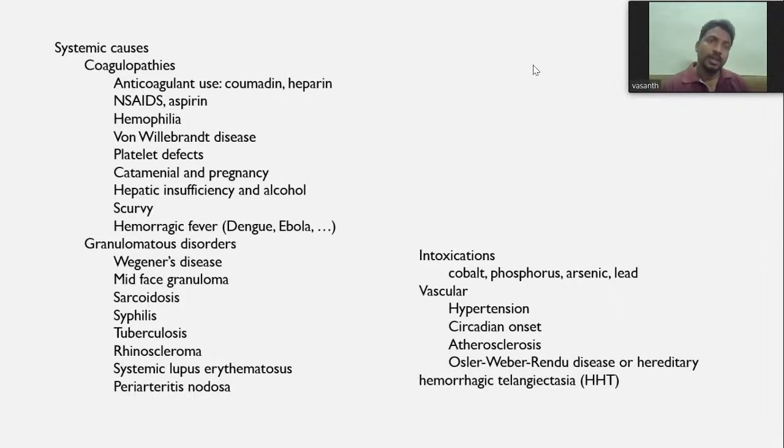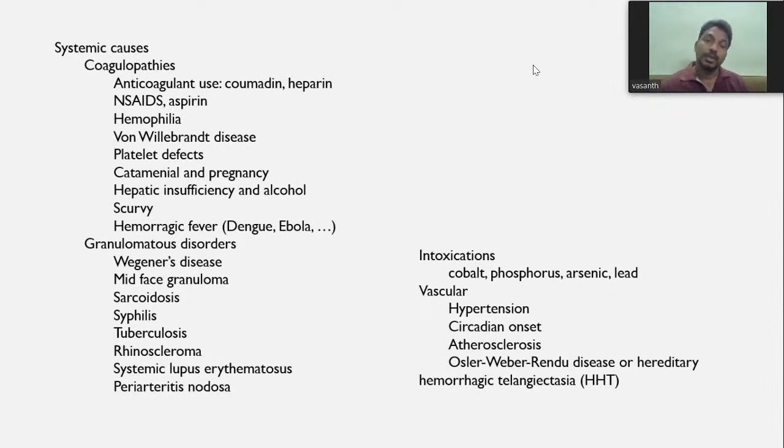You can enumerate the list like anything, so you can fill 2 pages with etiological causes. Whatever comes to your mind, you can just scribble it out so that you get a very good list of systemic and local causes.